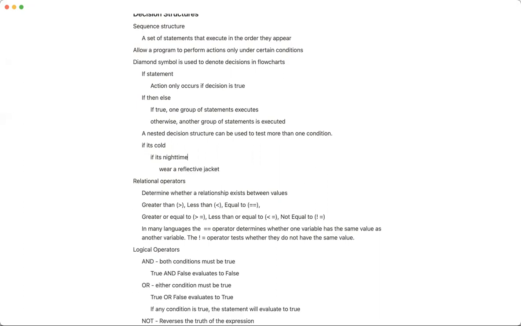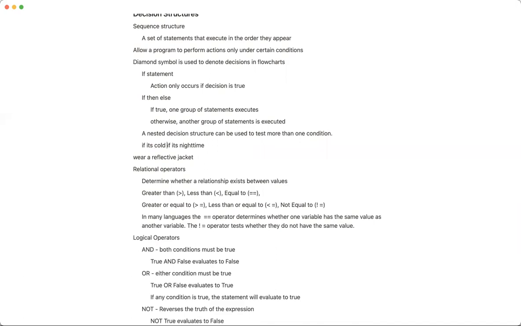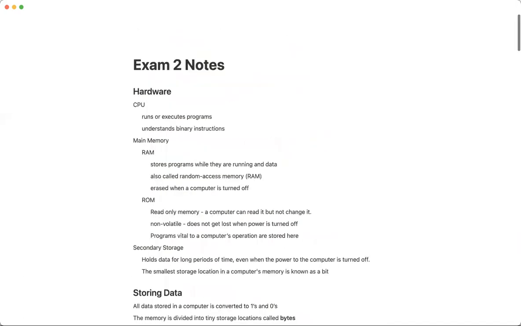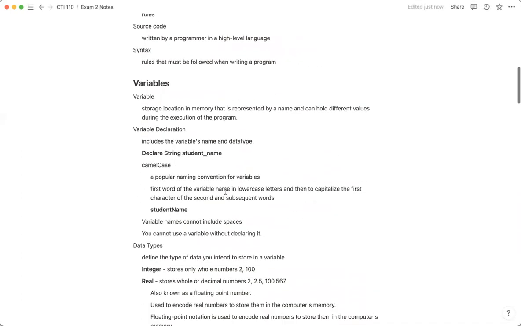This is nested because this is further into it being cold. So if it's cold and it's nighttime, then wear a jacket, a reflective jacket. You could also combine these by using an operator, which we'll go into next. But if it's cold, whoops.